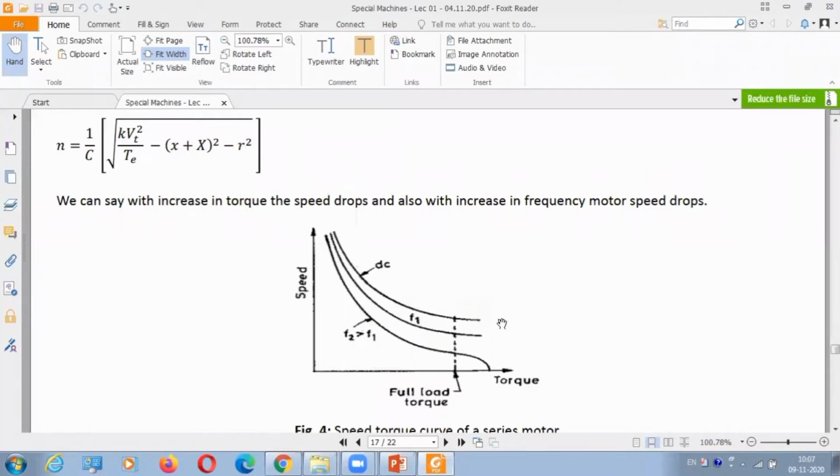So a DC series motor follows this, and this AC series motor also follows the same characteristics. But the DC characteristic is higher. It means that for the same amount of torque, you will get a high value of speed if it is operated on DC; if it is operated on AC, you will have a lower value. So that's the main difference. But characteristic wise, the shape is the same.